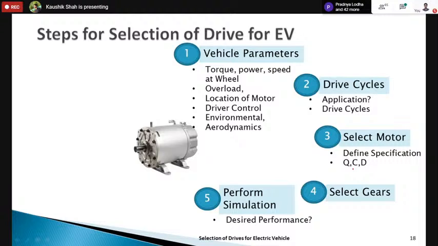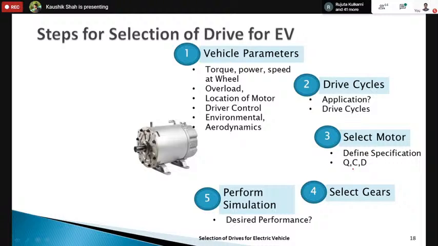If not, you go back to step number 3, check another motor with another gearbox, and check again whether you get the desired performance. Because typically the trade-off happens between your maximum speed, power, and, based on the selected application, the drive cycle. So this is iterative on the simulation.